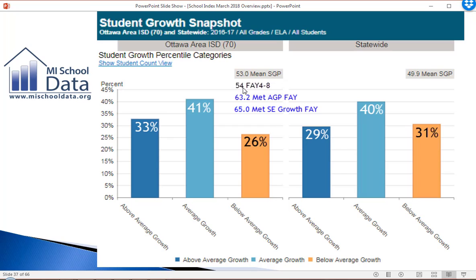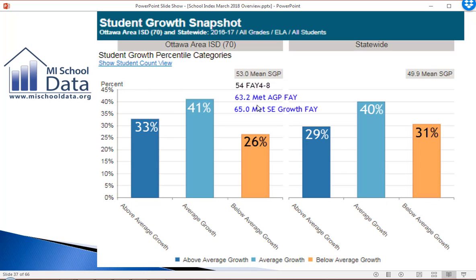However, if I only look at full academic year students from 4th through 8th grade, so this does not look at 11th grade because there's a little bit of concern with doing an SGP from middle school all the way to 11th grade, that mean actually goes up to 54, which might be what you expected because they were with the school all year.